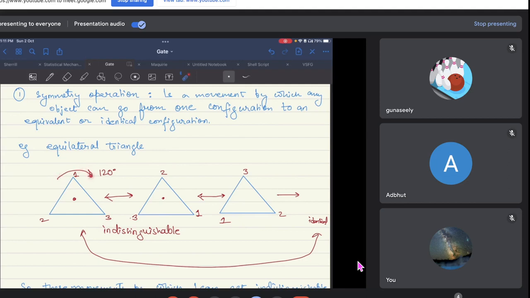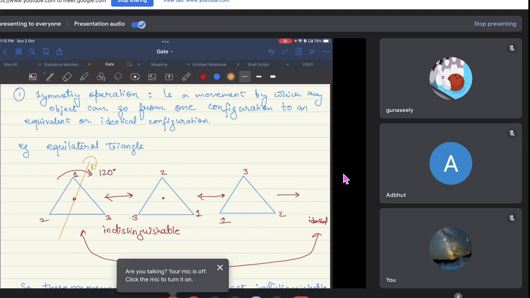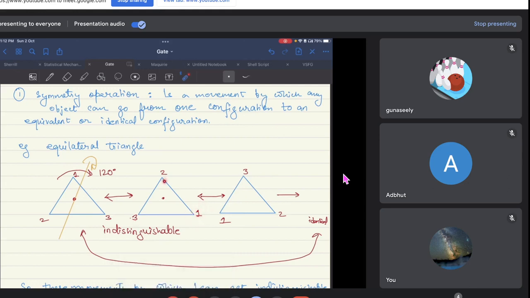If I am rotating my equilateral triangle such that this is the axis of rotation and we are doing a 120-degree rotation, in such a way that point 1 comes to the point where 3 was, this will be 1, 3, 2 now.